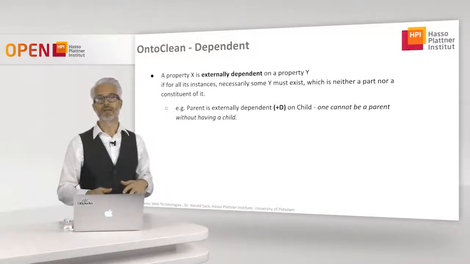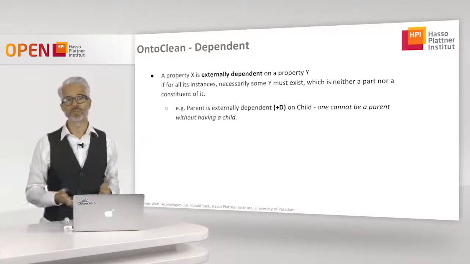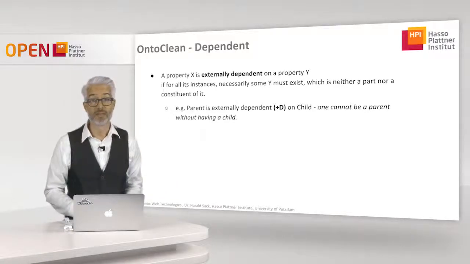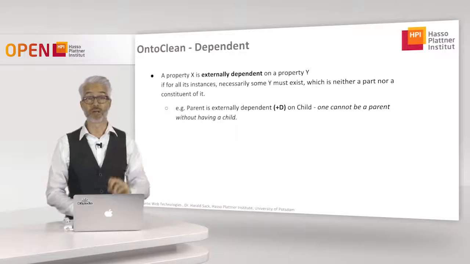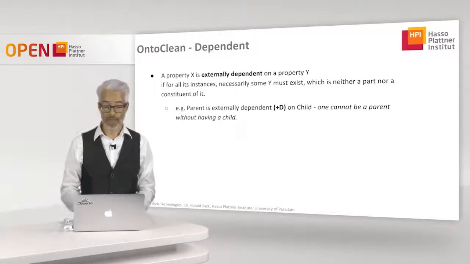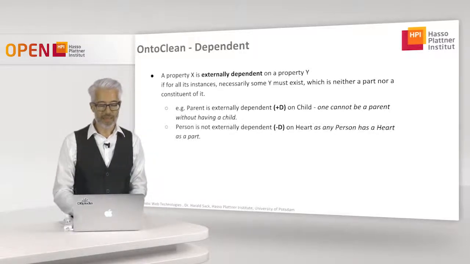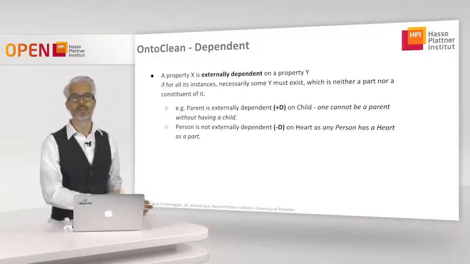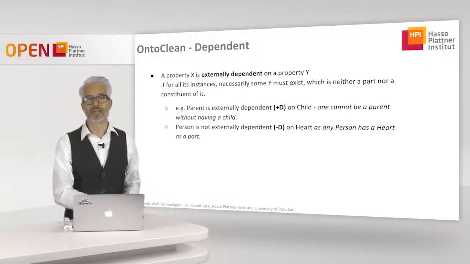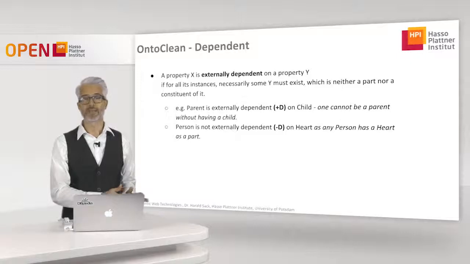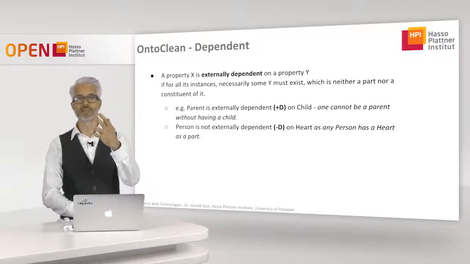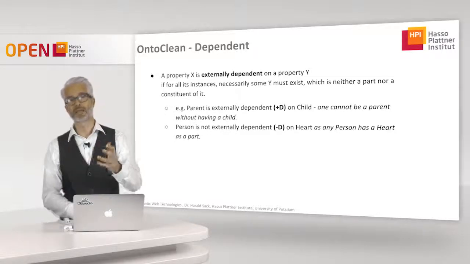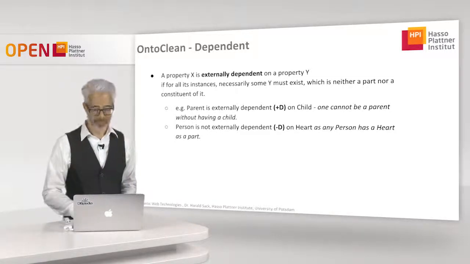A parent cannot be a parent without a child being there. Therefore parent is externally dependent on child. You annotate a property like that with +D. On the other hand, a person is not externally dependent on a heart, since any person has a heart, so it's a constituent, it's a part of a person. Therefore, if it's not externally dependent, you annotate it with -D.